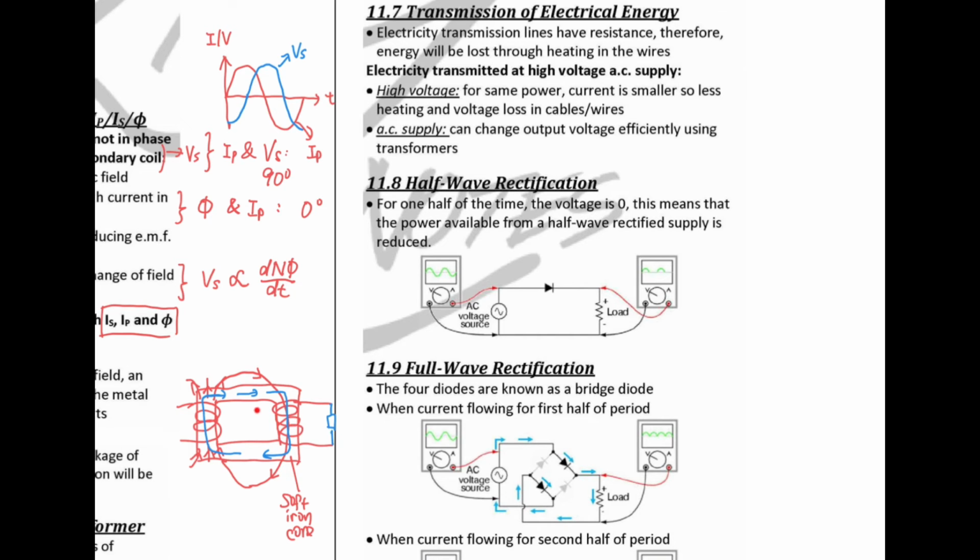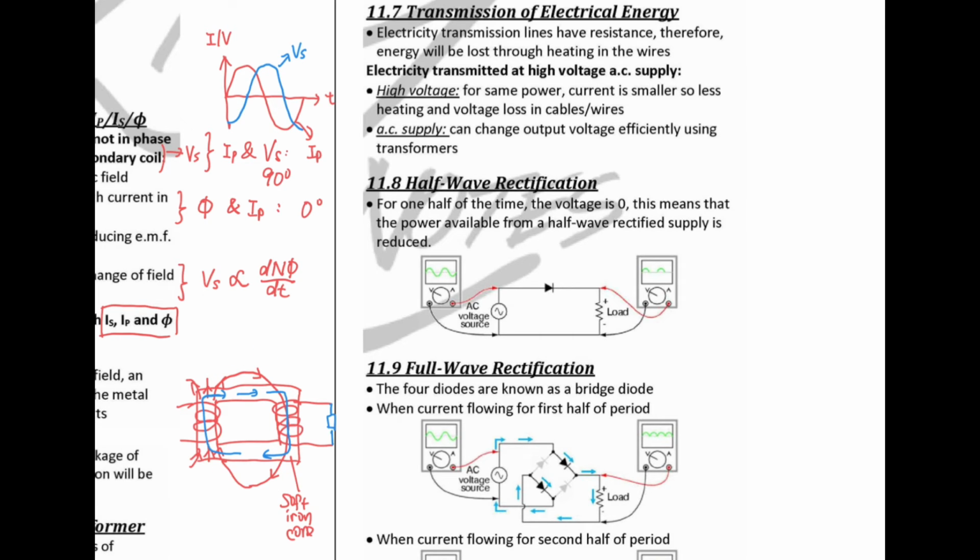EMF is induced if you keep changing the cut of the secondary coil. If you don't change it, it will cut one time. So alternating current works here because after a while, the magnetic field will form in the opposite direction and cut again. Then it will form in this direction and cut again in a different way.